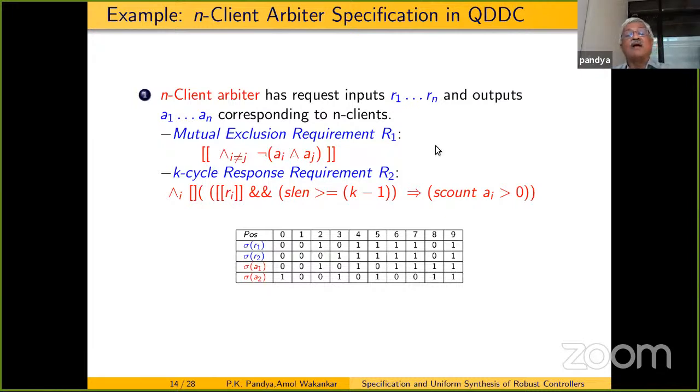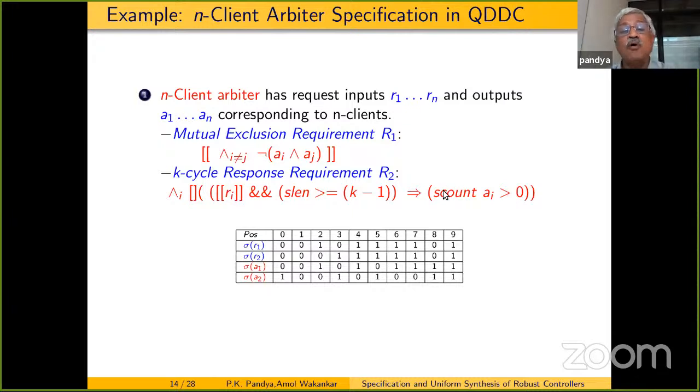But the assumption, also there may be response time requirements, which may say something like this. If it is the case that the ith request has been continuously true for k cycles, then I should get acknowledgement during that period of k cycles.